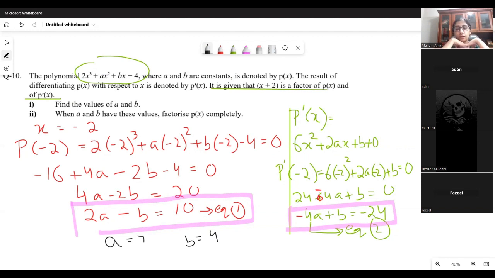Marine and Adan and Fazil, let me know when you get 7 and 4. Okay, good. Do part 2. You'll be doing it yourself.